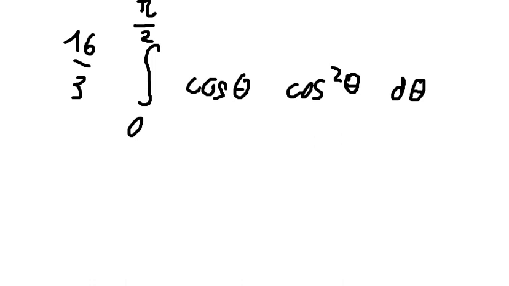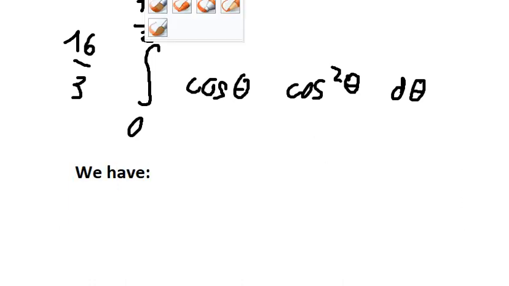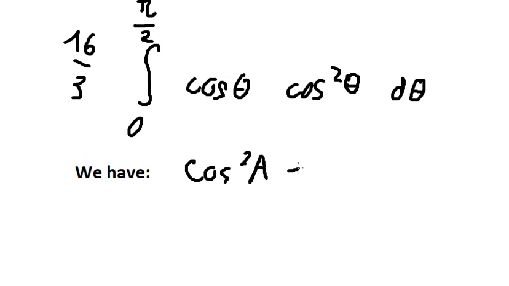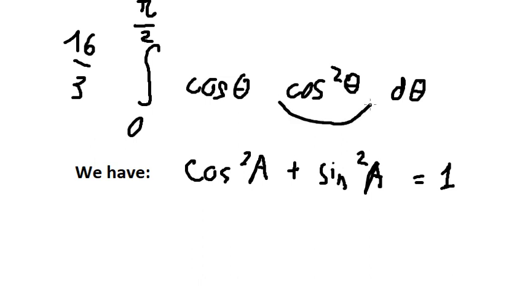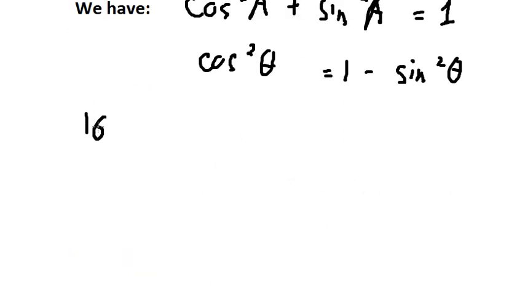So we have the formula in here: cosine squared a plus sine squared a equals number 1. So we need to transform this one into 1 minus sine squared theta. So we have like this.